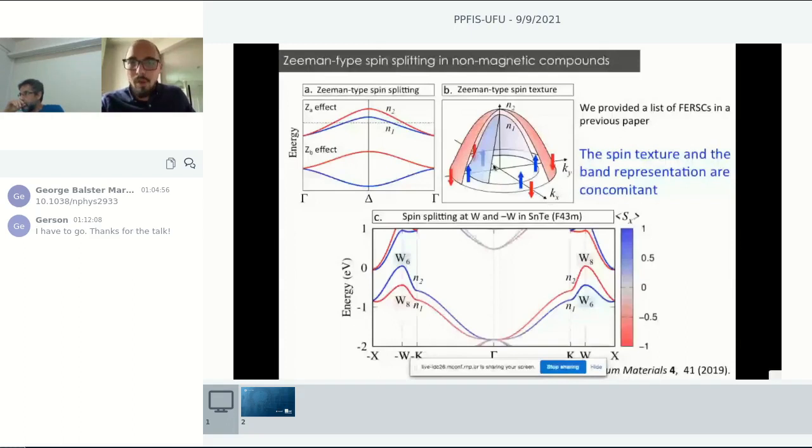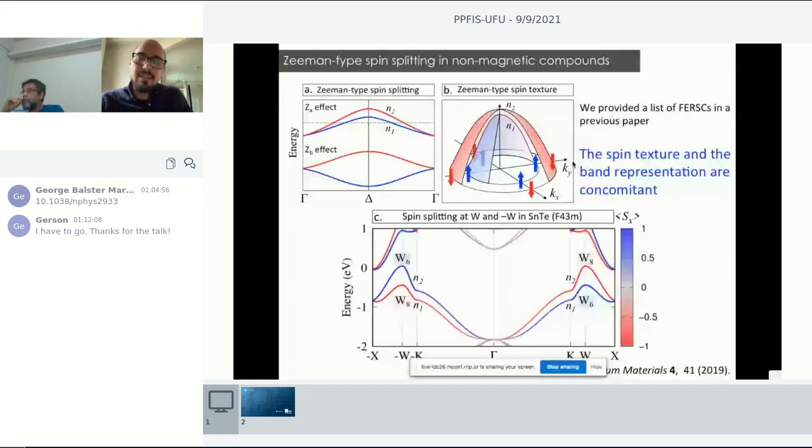And I hope I convinced you about that, because of course we have, for instance, tin telluride, in figure C, a compound that is not magnetic, and we have a very large spin splitting around the W points. As you can see here, I put W6 and 8.